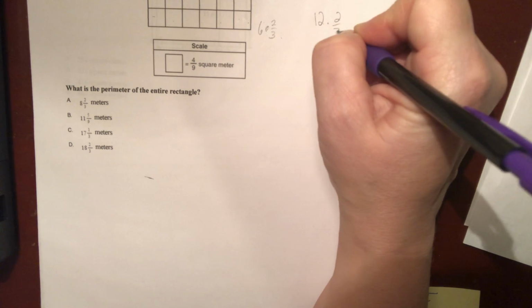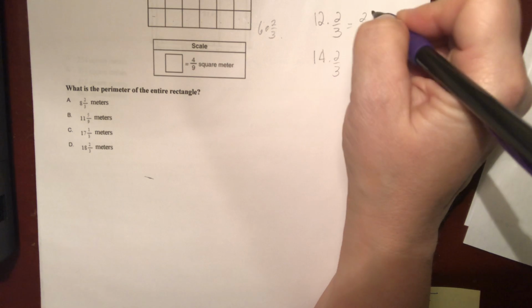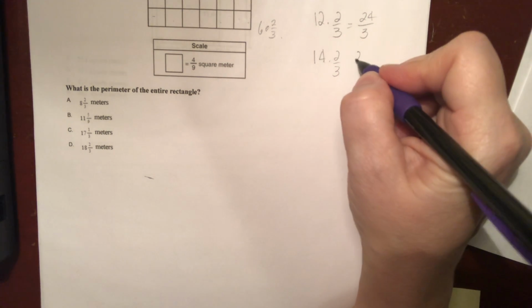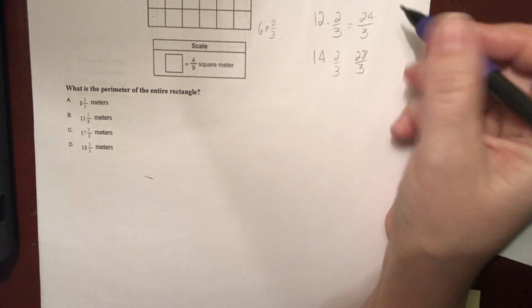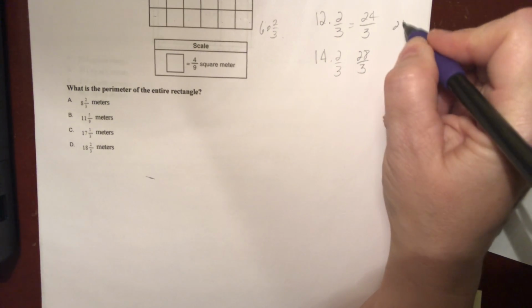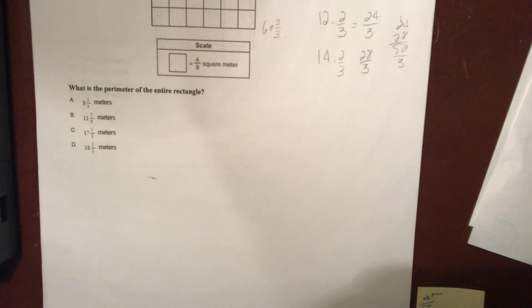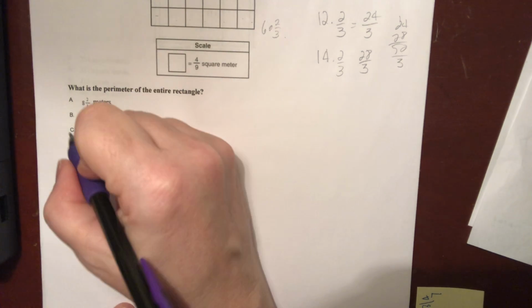You have to go all the way around, so really we can do 12 times 2/3, and 14 times 2/3. So this is 24 thirds, 28 thirds, and we can add them together because they have the same denominator. 24 plus 28 is 52 thirds. 52 divided by 3 is 17 1/3, so I'm getting C.